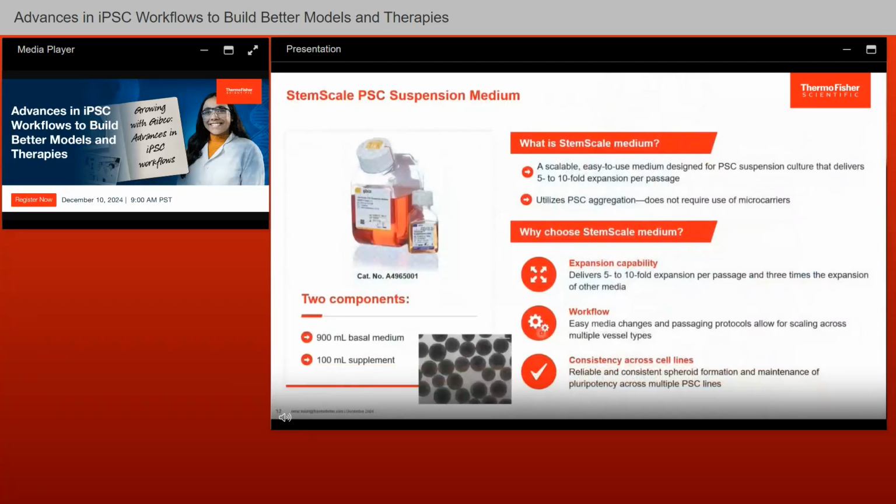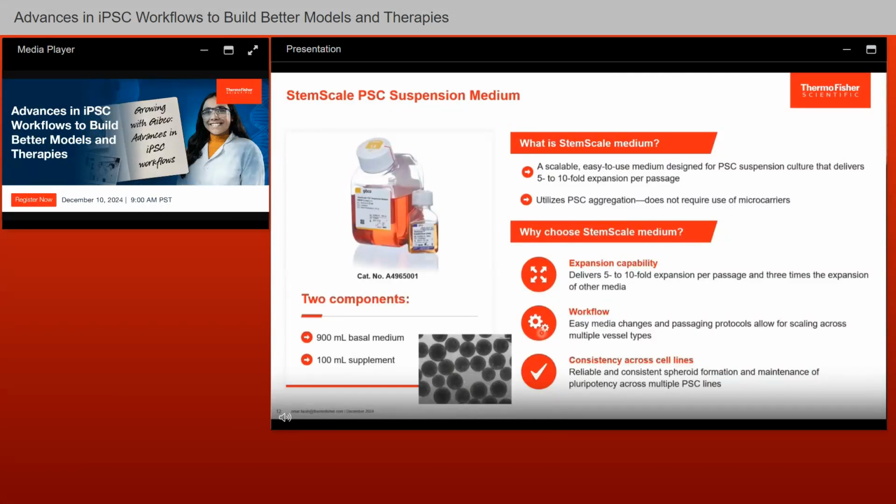Now, we've discussed StemFlex medium and its benefit to 2D or monolayer culture of PSCs, but I wanted to shift gears slightly and talk a little bit about suspension culture and/or 3D culture of pluripotent stem cells.